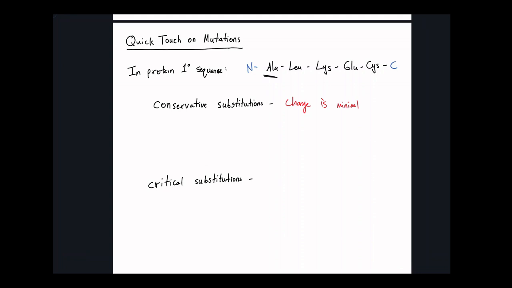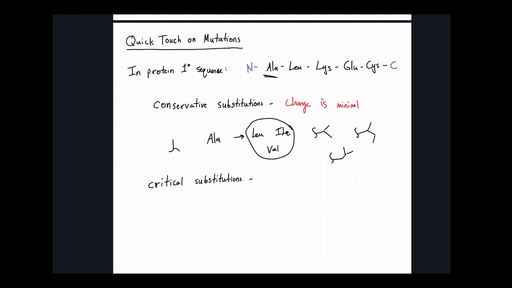Here, it's going to be conservative. For example, alanine turning into leucine, or isoleucine, or valine, right? If you recall, alanine was just a methyl group, and these were similar, just carbons. They're a little bigger. They might have an effect, but they might be fairly similar, right?